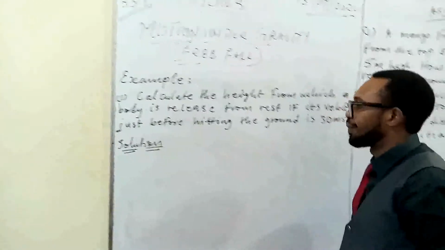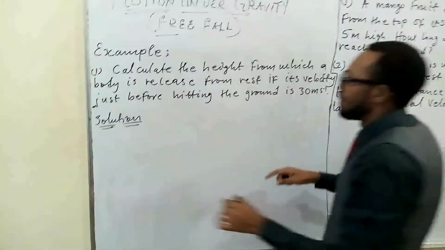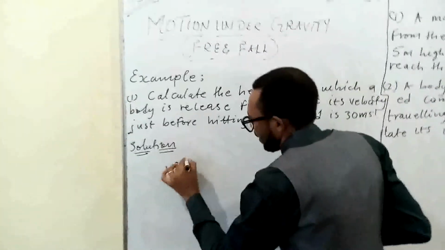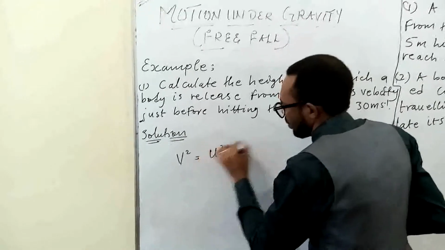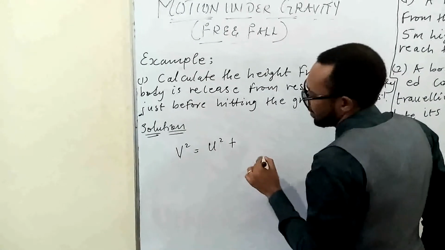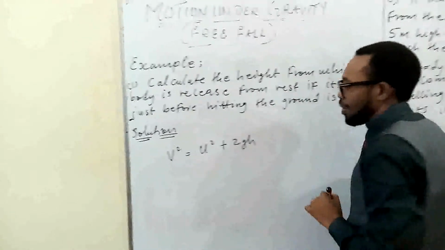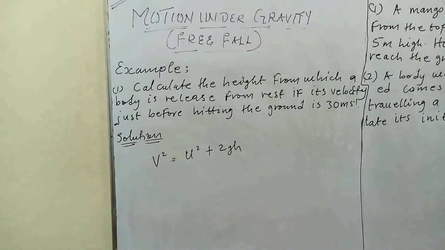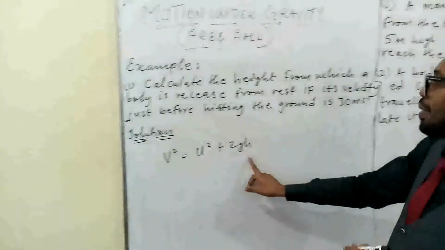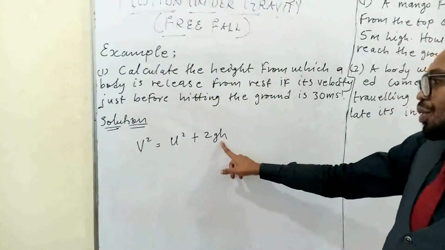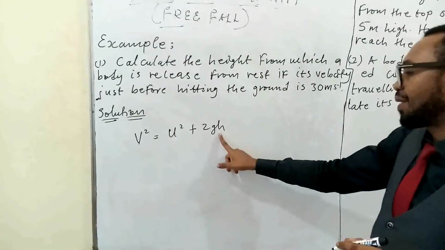That should be v squared is equal to u squared plus 2gh, on the fact that we are looking for the height h.